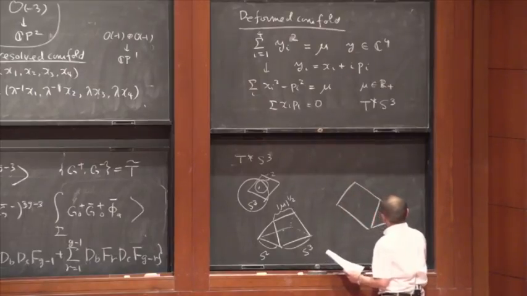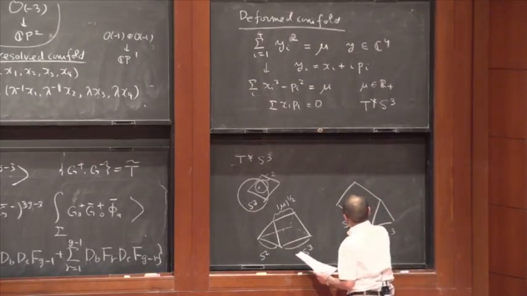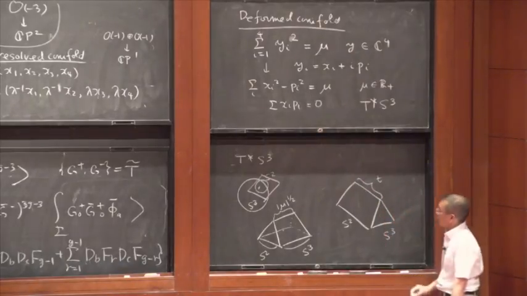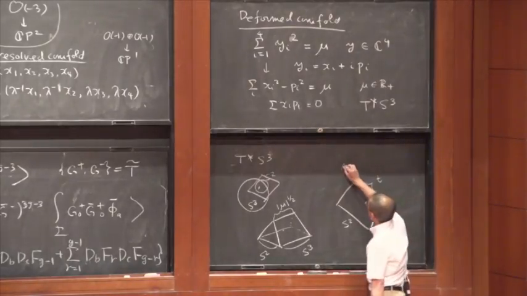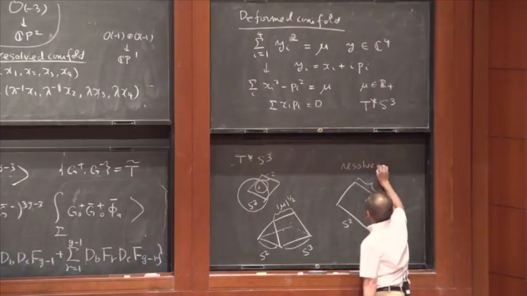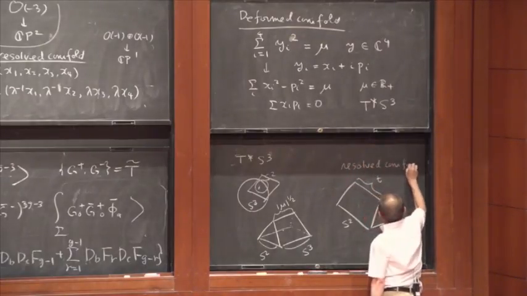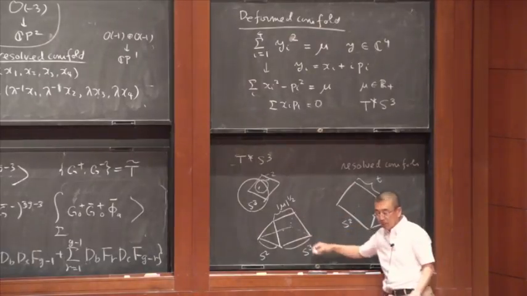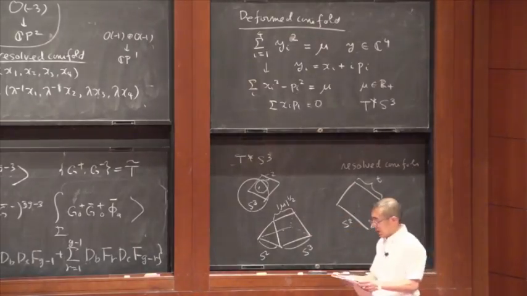Now, the S3 direction can shrink to a point, but the S2 direction has a finite size, which is characterized by the scalar moduli. So this would be a resolved conifold. These are connected to each other here in the limit of t equals 0, and here in the limit of mu equals 0.